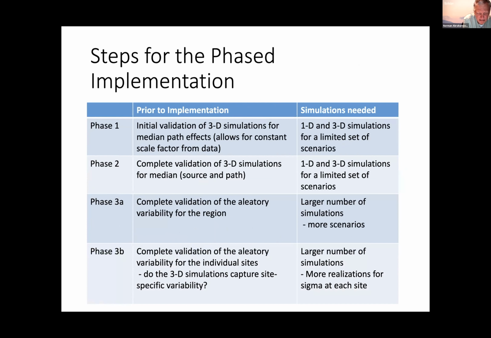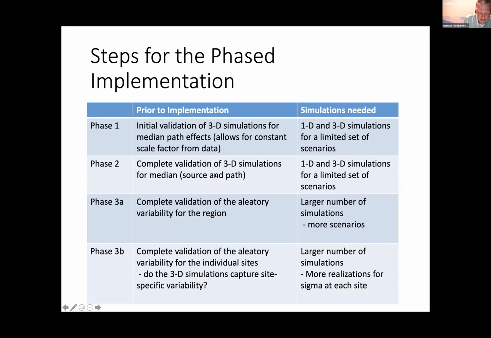So phase 1, again, we have to do an initial validation of the 3D simulations for median path effects. And by median path effects, I mean we're going to allow the simulations to be systematically higher or lower than the observations, and we're not going to worry about that term because we're just after the path effects. So we need 1D and 3D simulations to be able to do that sort of validation step.